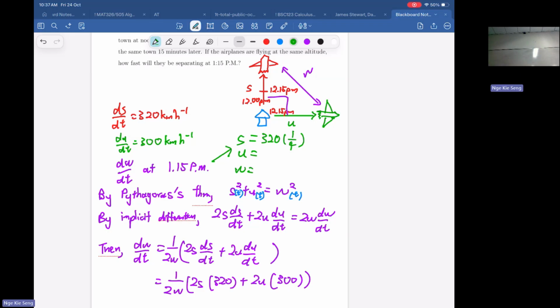The difference between what and what? But the question, 1:15 p.m. Yes. Or you mean you need to add the 320 times 1?